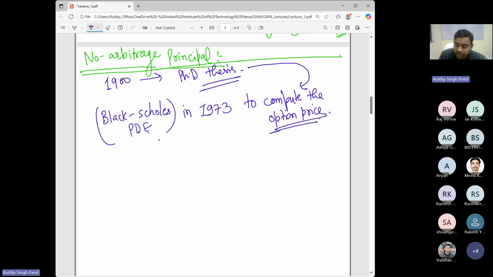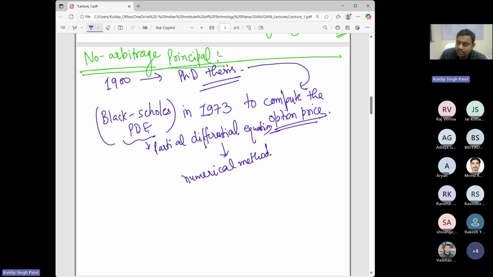Wherever this partial differential equation comes into the picture, what is needed? We need numerical methods to solve it.